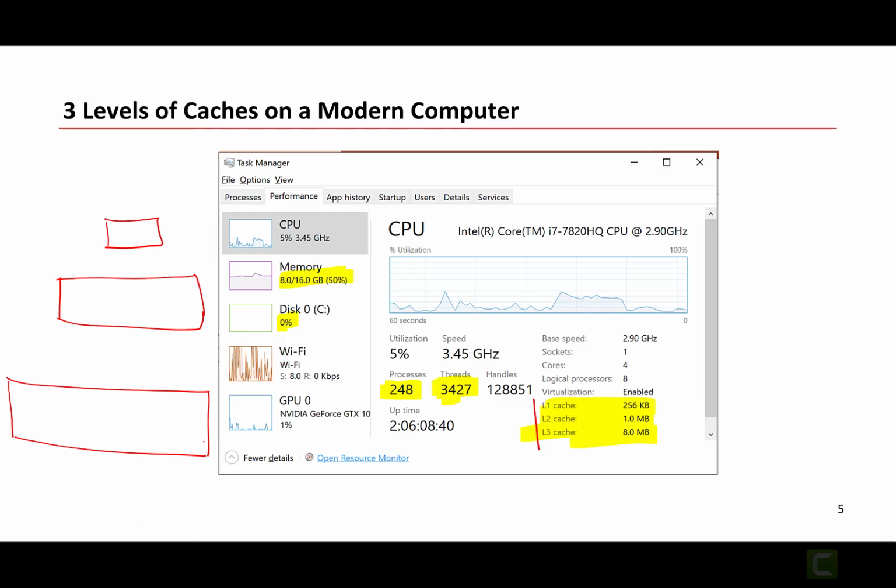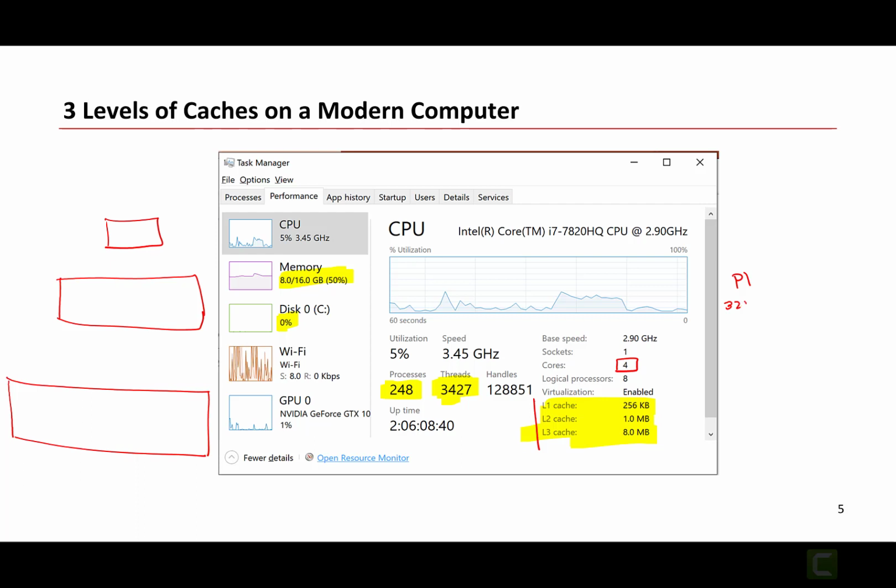If I look at my cache, it looks like I have 256 kilobytes of L1 cache, but I also have 4 processor cores, which means that the 256 gets divvied up between those 4 processor cores. So each processor core, which is one pipeline, would have 64 kilobytes of data, but it's probably divided into instruction and data cache.